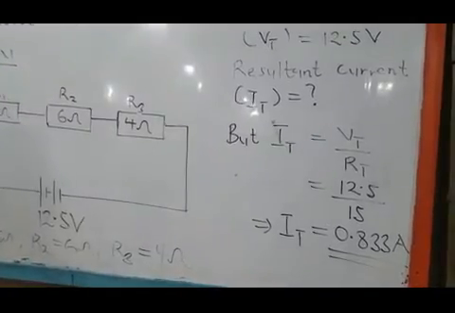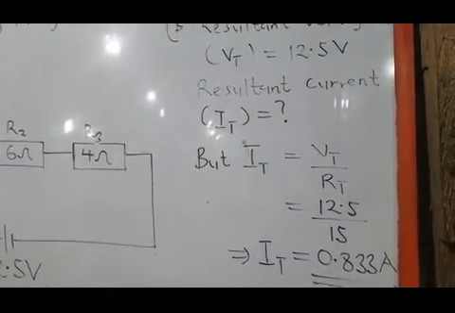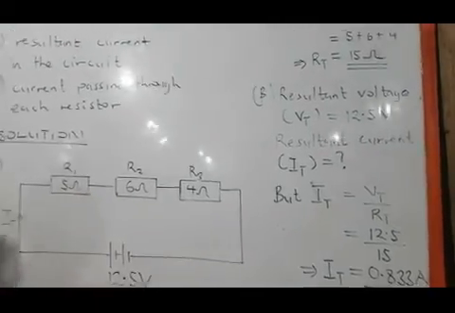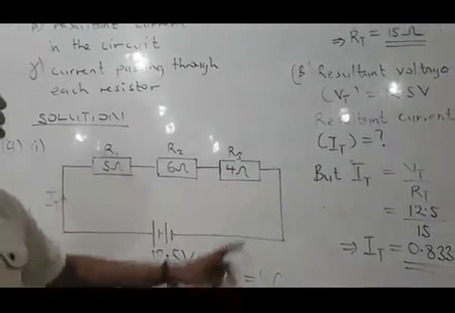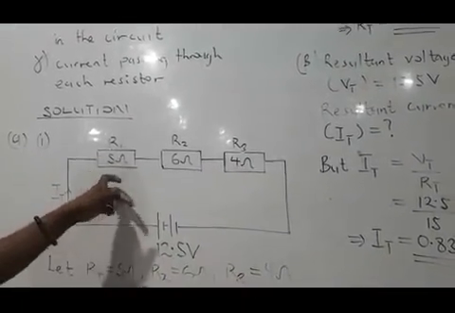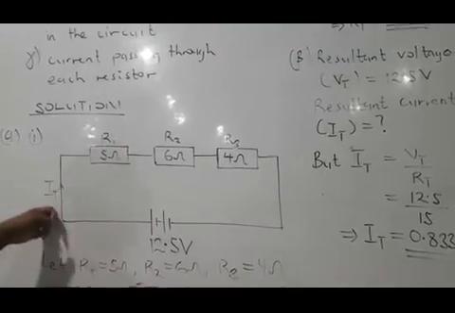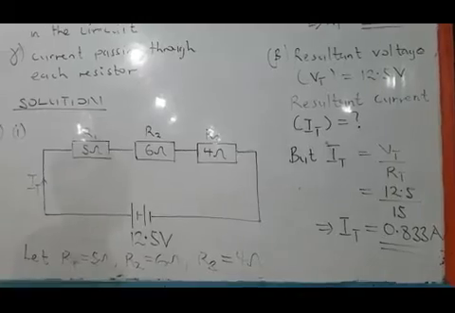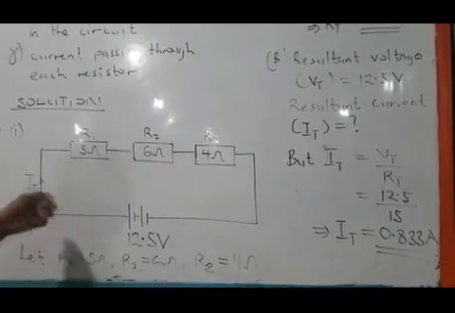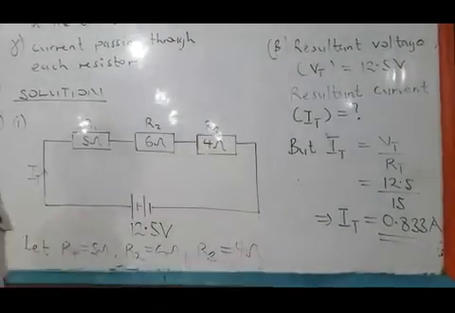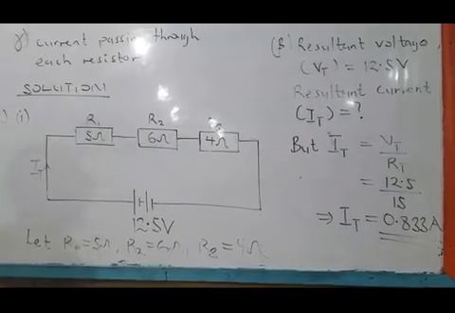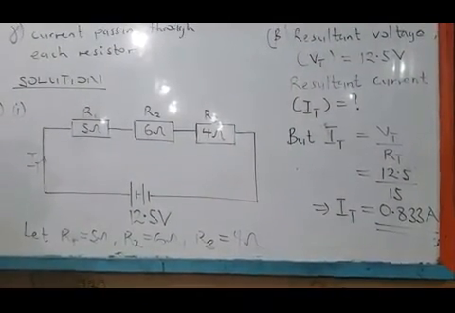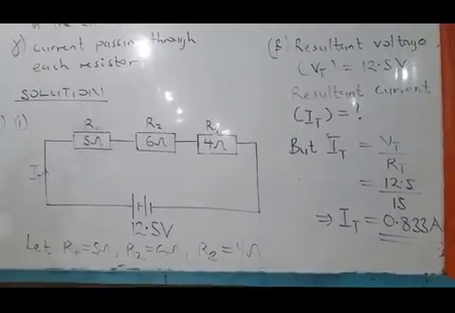Now, supposing you are to determine the current flowing through each resistor. Because all these are in series, the current flowing through R1 will also be equal to IT, so that will be 0.833. The one flowing through this one will also be IT, 0.833. This one will also be equal to 0.833. So that's for series arrangement. There are other questions that could be asked.